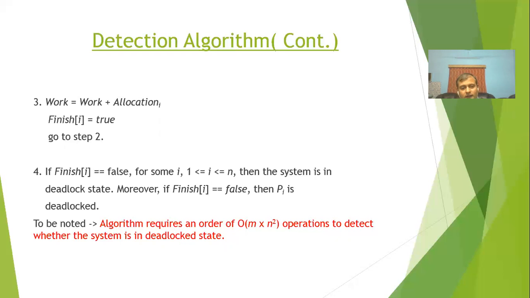In the reverse case, if finish of I equals true for all I, then we can easily say that the system is in a safe state and all the processes will finish their execution without any problem. A point to be noted here is that the detection algorithm requires an order of m into n square operations to detect whether the system is in a deadlock state or not.